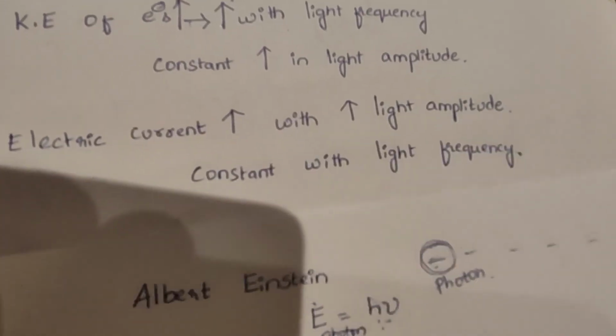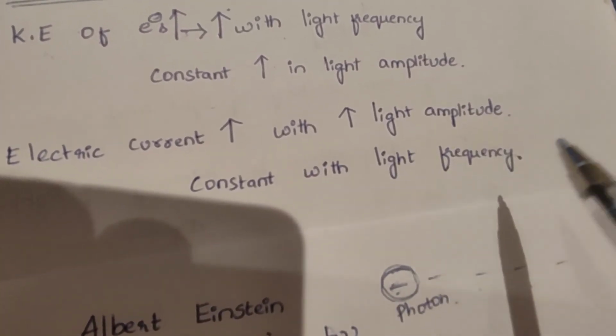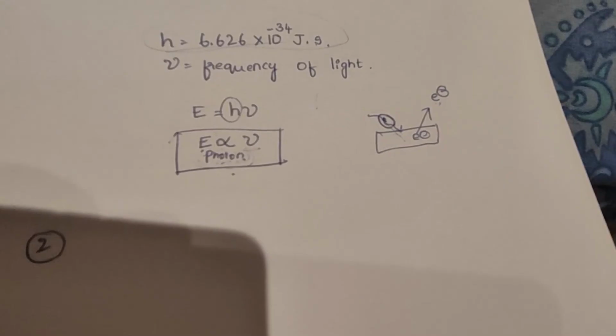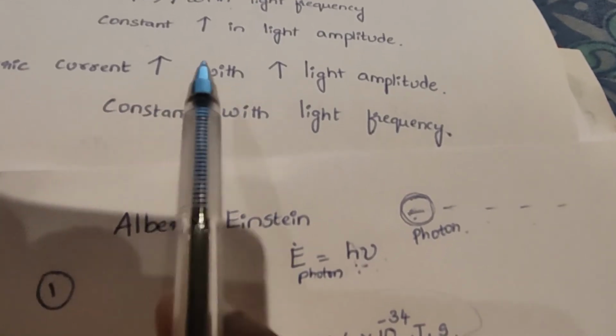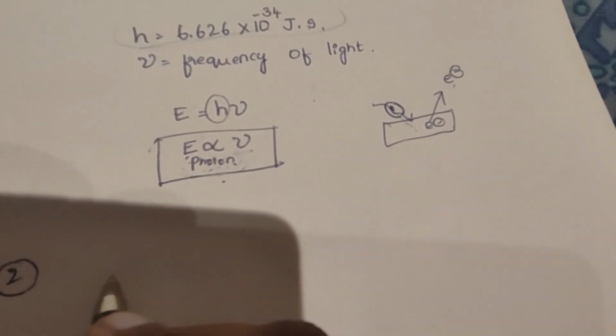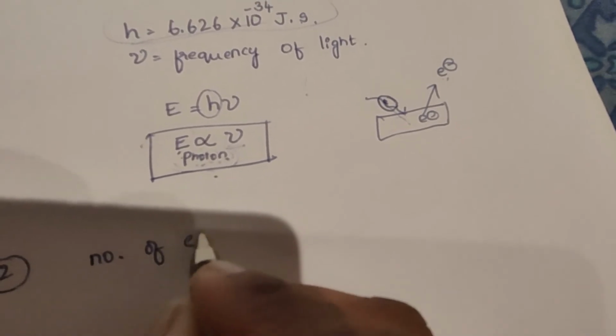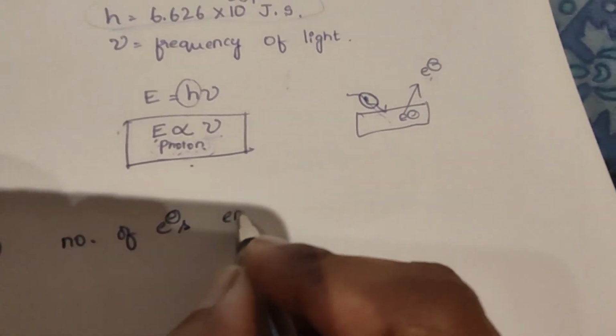And then the second observation, electric current increases with light amplitude. See, here electric current is proportional to light amplitude. Electric current is nothing but the number of electrons emitted.